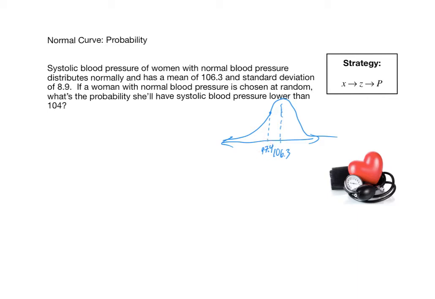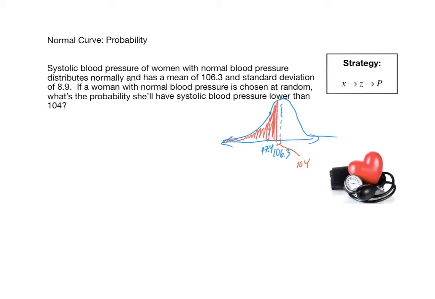So we are dealing with what's the likelihood that her systolic blood pressure is below 104. So 104 is somewhere right in here. We want to know what's the likelihood that her blood pressure is lower than 104. So we need to know this area over here, the area to the left of this point right here.